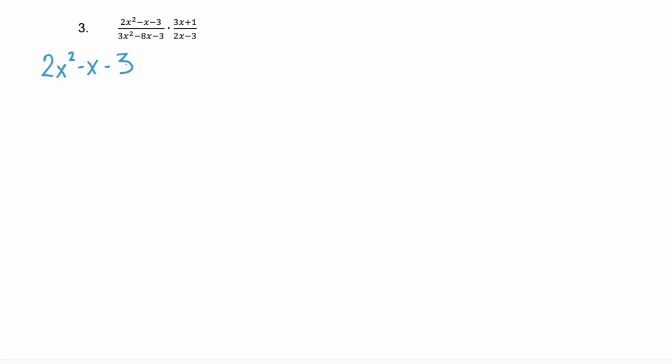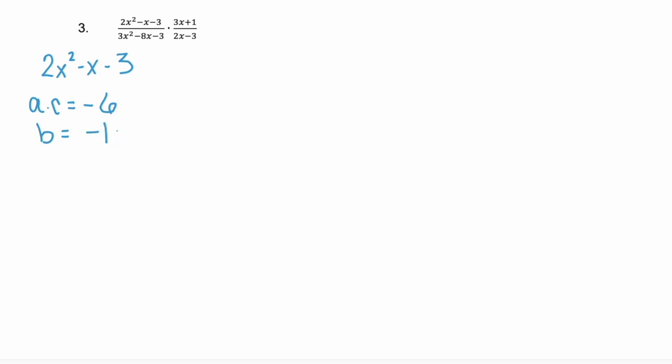Since this trinomial has a leading coefficient other than 1, we need to use the key number method, which if you remember is a times c, or 2 times negative 3, which is negative 6, and b, the coefficient of our middle term, which is negative 1.